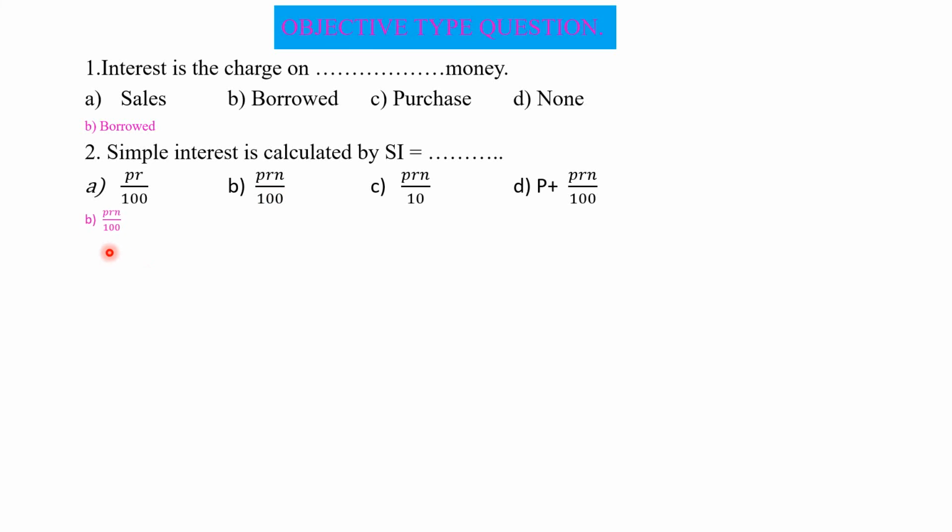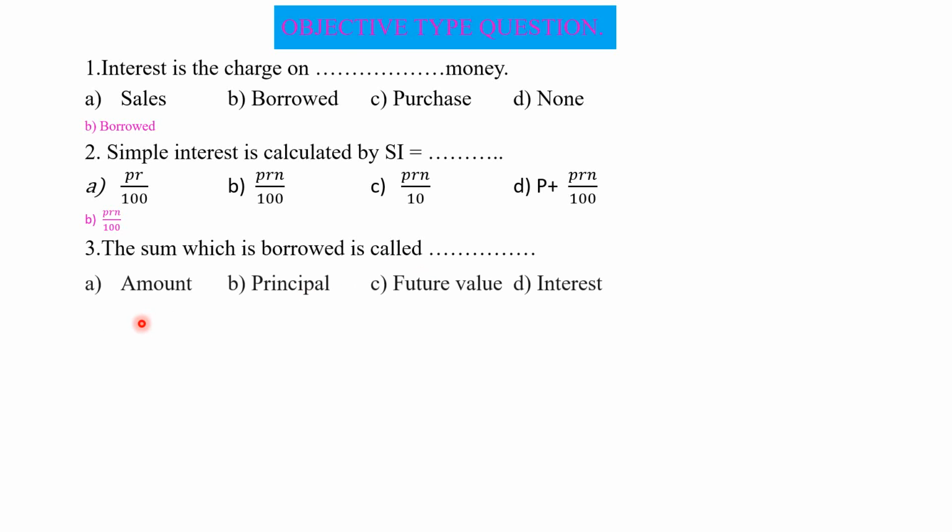Number 3, the sum which is borrowed is called, and the options are amount, principal, future value, and interest. The sum which is borrowed is called the principal value, and the correct answer is principal.